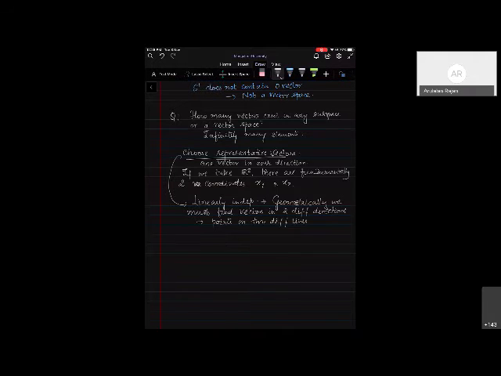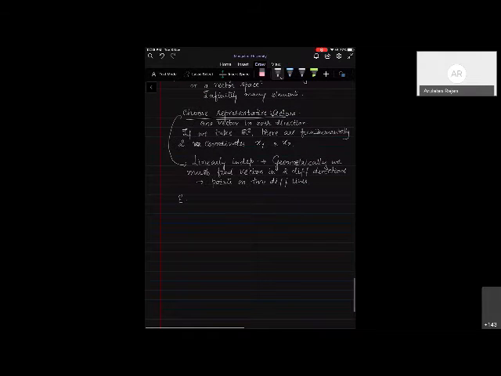For example, in R2, (1, 0) and (0, 1). Any vector (x, y) can be expressed as a linear combination of these two. Linear combination means alpha times one vector plus beta times another vector, where alpha and beta are scalars. Now, (1, 0) is along the x-axis, (0, 1) is along the y-axis. These two are linearly independent vectors.